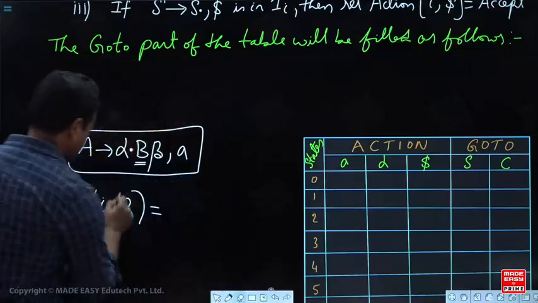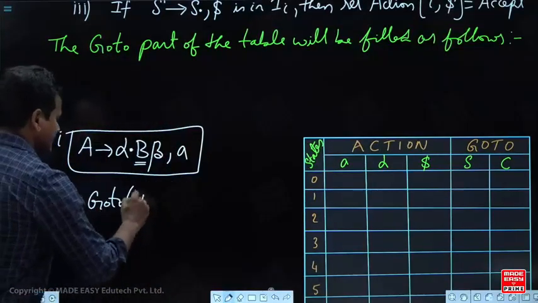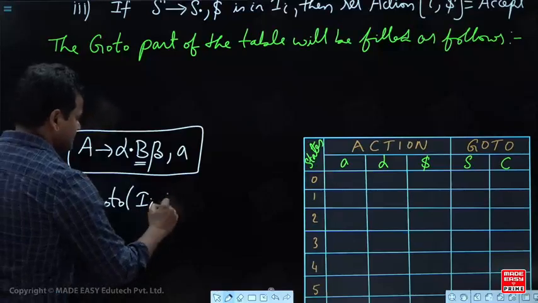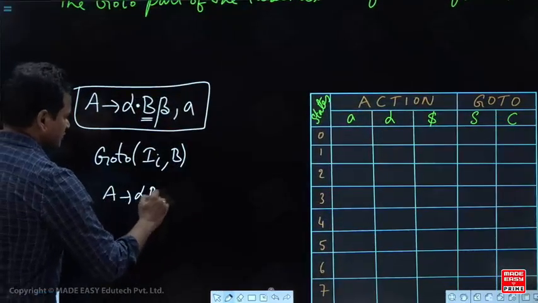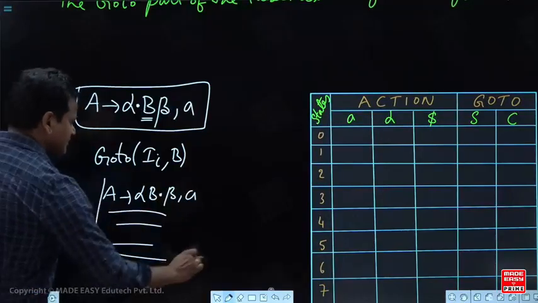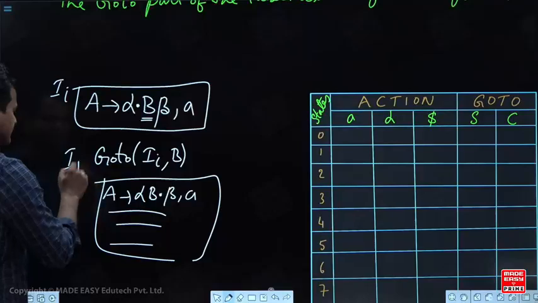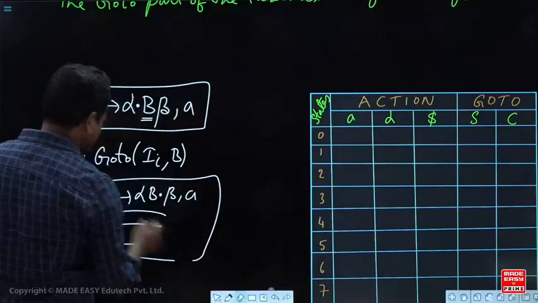Example, I write here. So what we do? We write the go to of I. The name of the state is I, and the shift symbol is B. So what is the meaning of this go to? We move the dot, and after the dot, any non-terminals, we will add them, and finally we will close and we will give some name, the name of the state, let it be Ij. Then that is what I am saying.